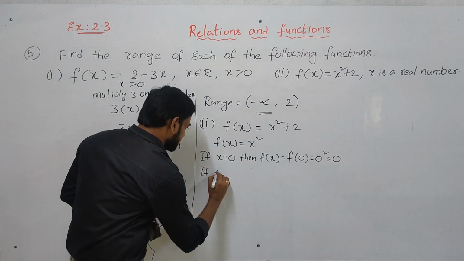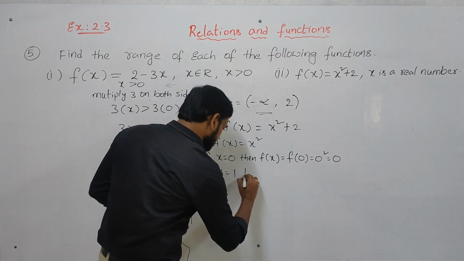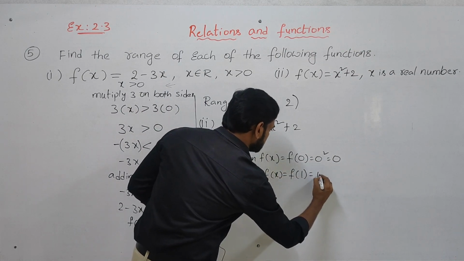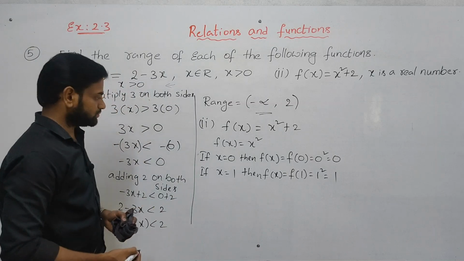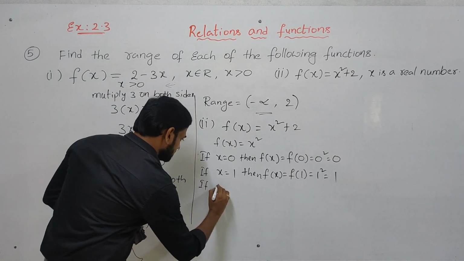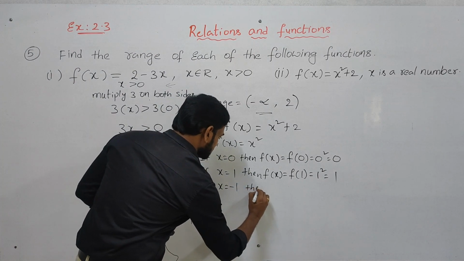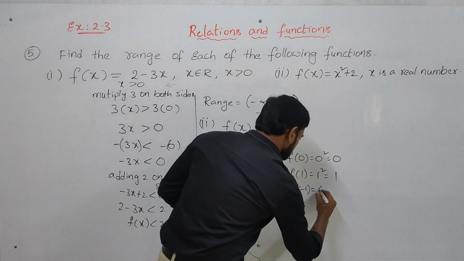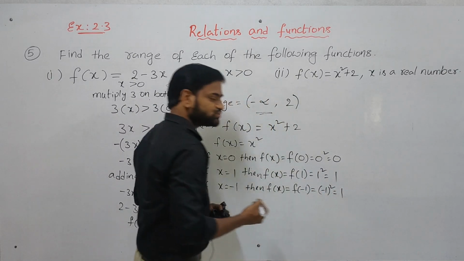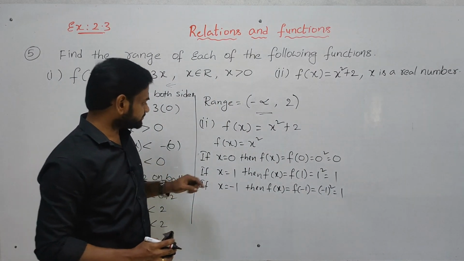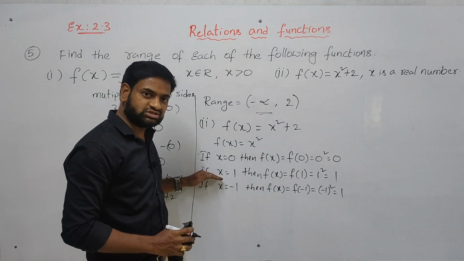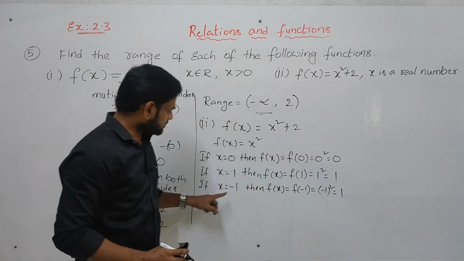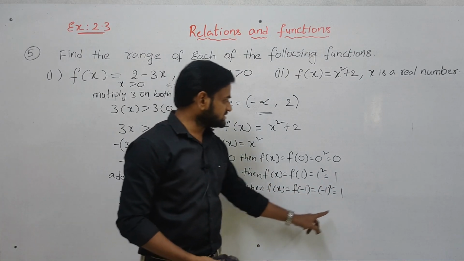Suppose if x equal to 1, then f of 1 equal to 1 square, that is 1. Suppose I take negative. If x is minus 1, then f of minus 1 equals minus 1 whole square, that is plus 1. That means here you take positive, the answer is positive. Here you take negative, the answer is positive.